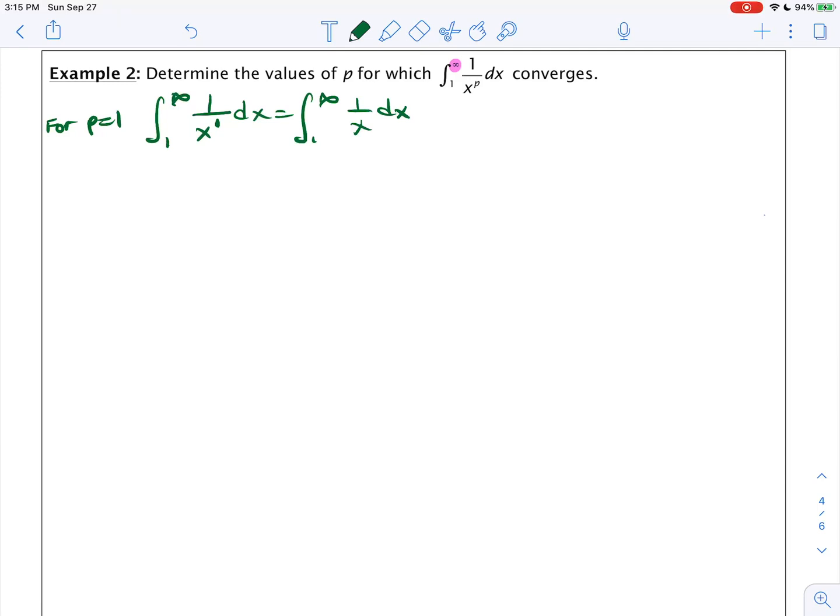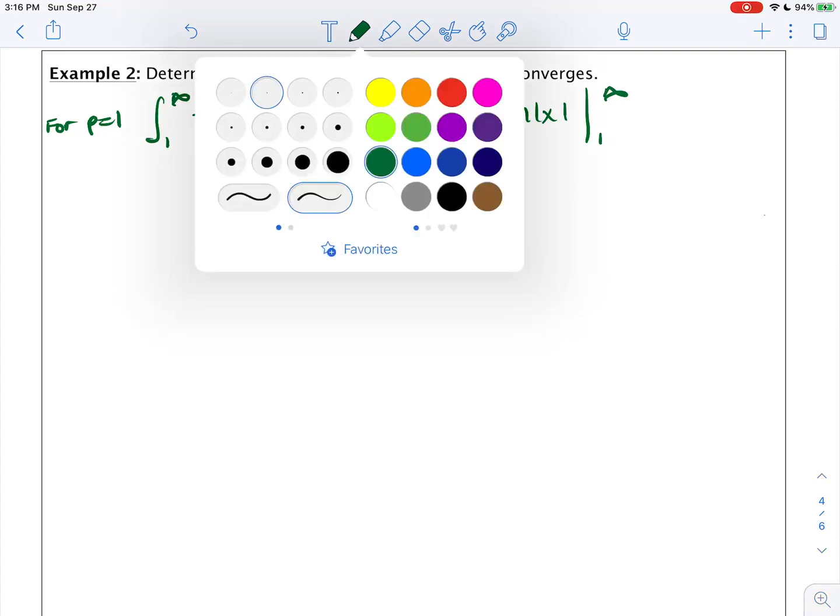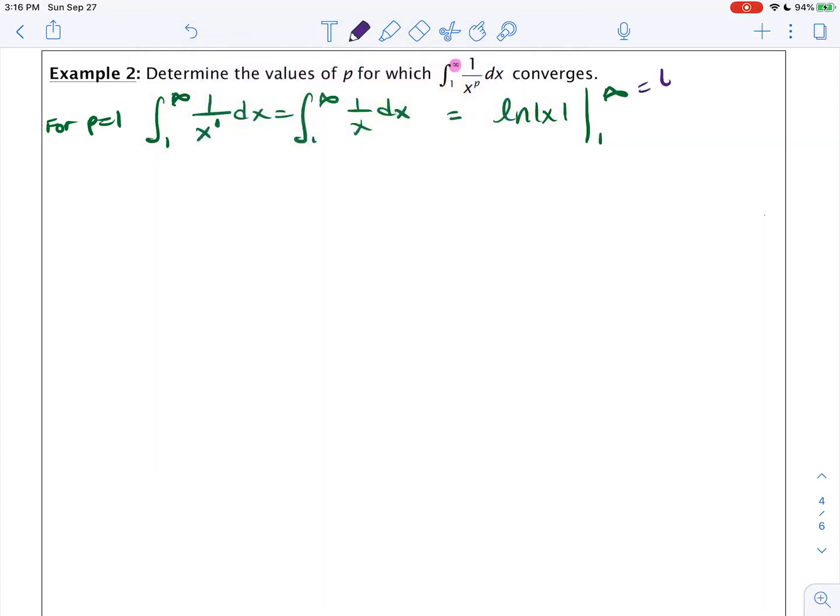We know that the function whose derivative is 1 over x is ln of x, and we'll go from 1 to infinity. Using our rules for taking improper integrals with infinite limits of integration, we will of course take infinity equal to t, and we're going to say that this is the limit as t goes to infinity of F of t minus F of 1, or F of a from down below.